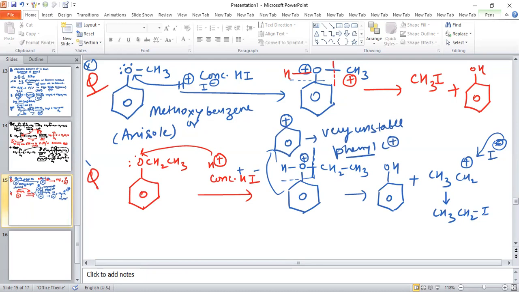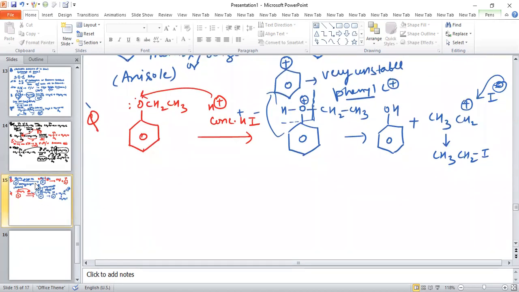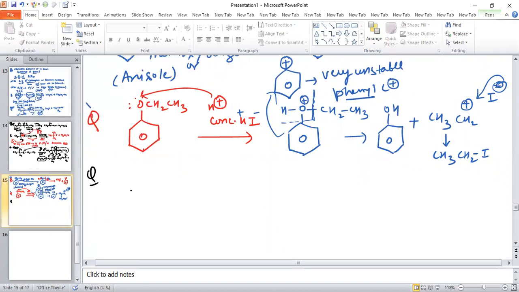So this is the way how you can prepare some of the phenol compounds also by using ether. So we are doing the cleavage of ether. Now see some more reactions related to this. If the question is given like this, this is having benzene. Now there is one more carbon on the ring, OCH2CH3.